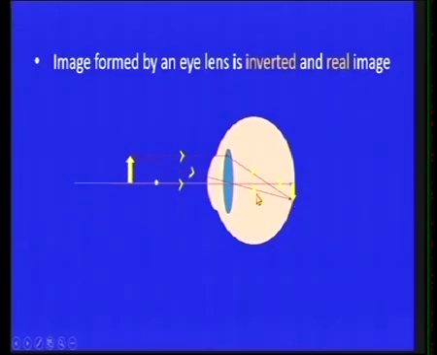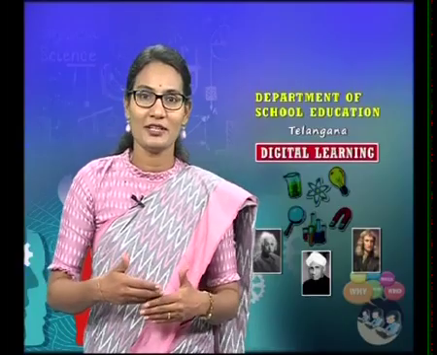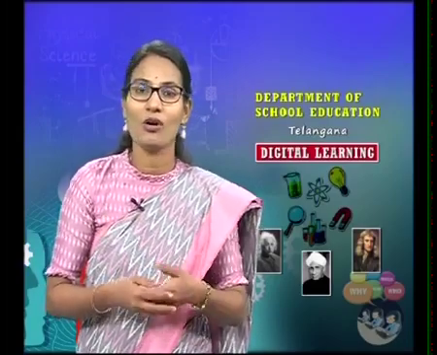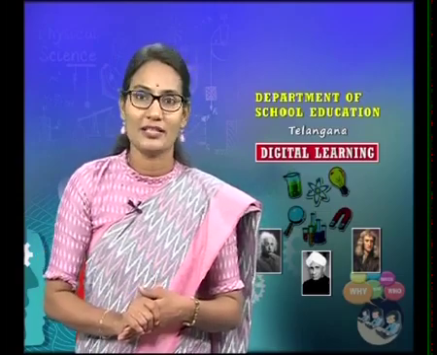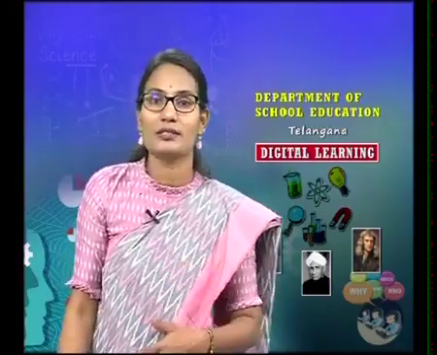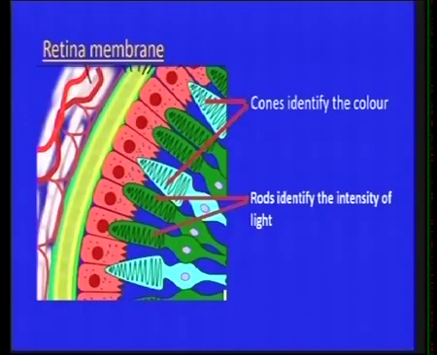But the question is, when the inverted image is formed on the retina, then how are we able to see the objects erect, and how can the human eye recognize colors, shape and size? The retina membrane consists of 125 million cones and rods.